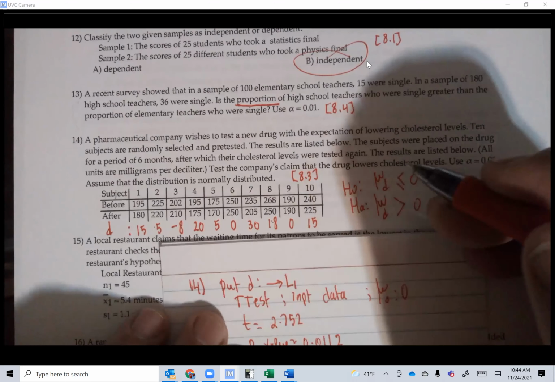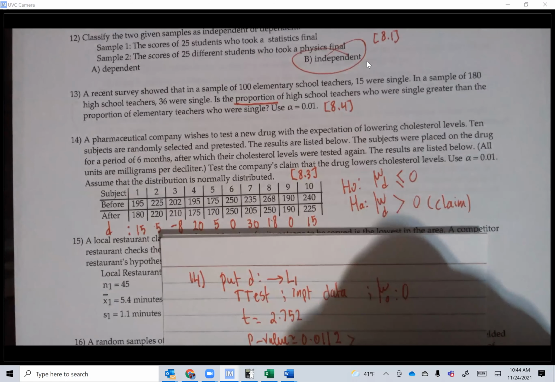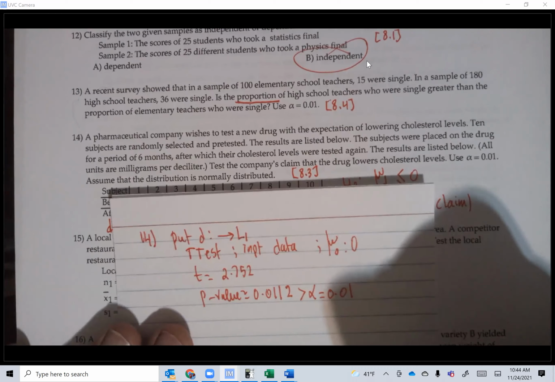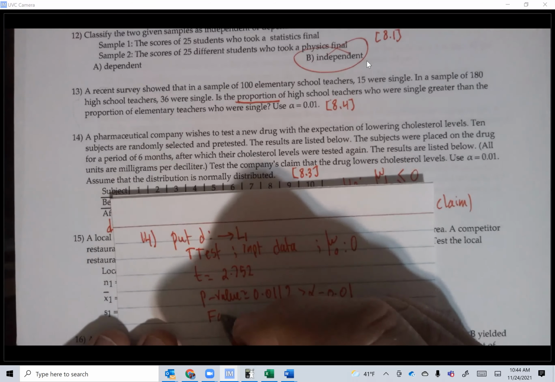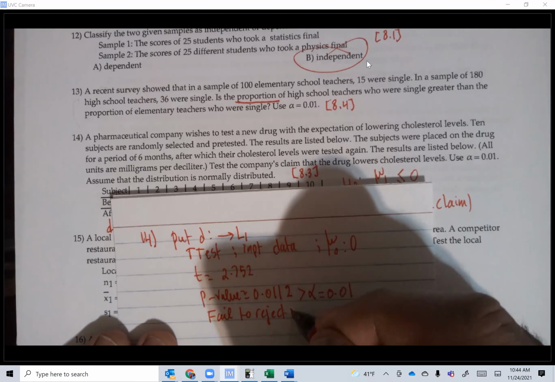So what is alpha here, guys? 0.01. The p-value is slightly larger, guys. So fail to reject H0. We almost rejected H0.